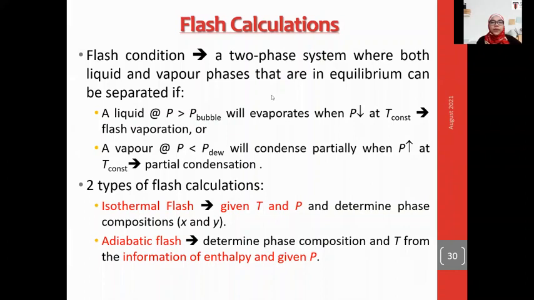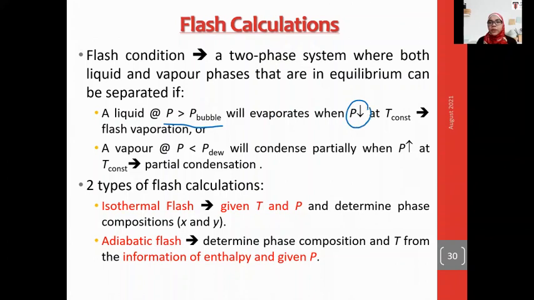Okay, and the last topic is flash calculation. A flash condition is a two-phase system where liquid and vapor phases in equilibrium can be separated. If a liquid has a pressure higher than the bubble pressure, it will evaporate when the pressure is lowered.